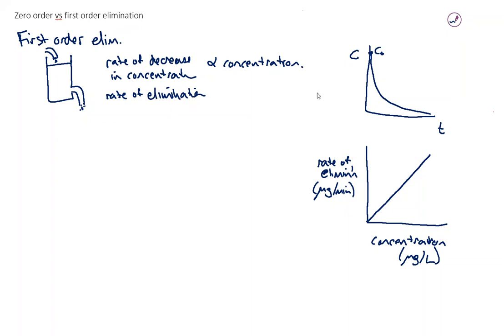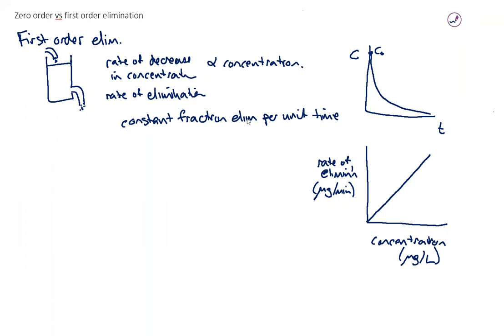In this case, a constant proportion or constant fraction is eliminated per unit time. We said the easiest way to think about that is, for example, the half-life.